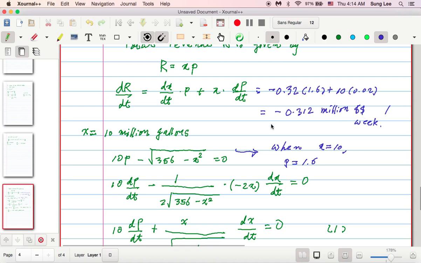So what this means is that the revenue is decreasing by about 0.31 million dollars per week when the price increases $0.02 per week. Of course, demand is decreasing, which we expect, meaning people purchase less gas, so the revenue also decreases by about 0.31 million dollars per week.